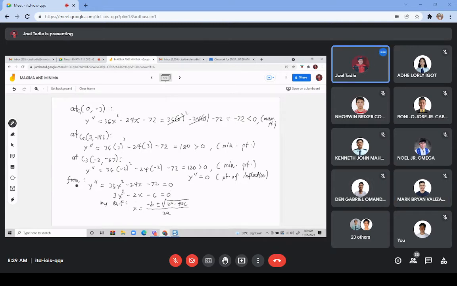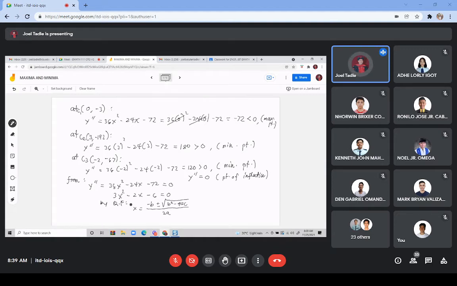So, ang sunod, point of inflection. So, kanang point of inflection, ang ato ang premise ani, nga ang y double prime is equal to 0. So, ato ni siyang i-equate ang y double prime na equal to 36x squared minus 24x minus 72 to 0.